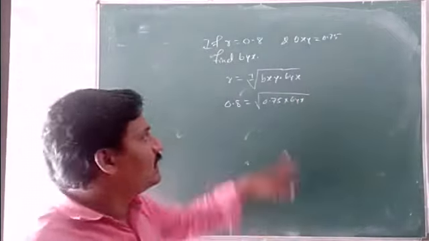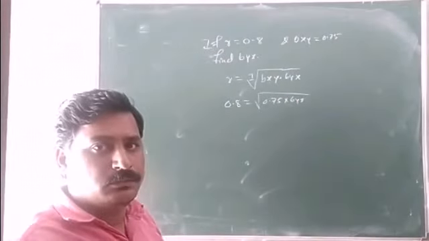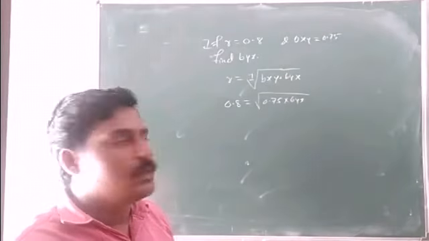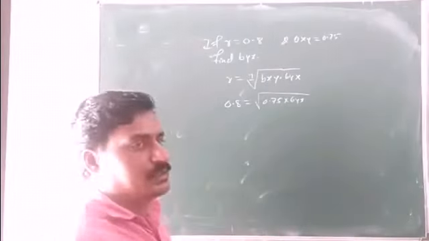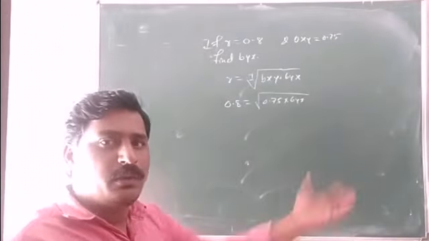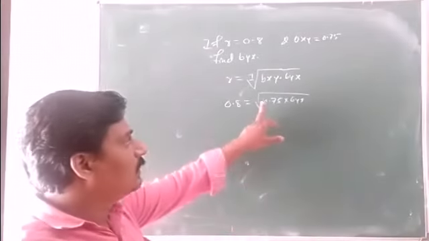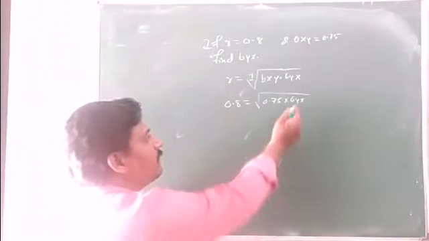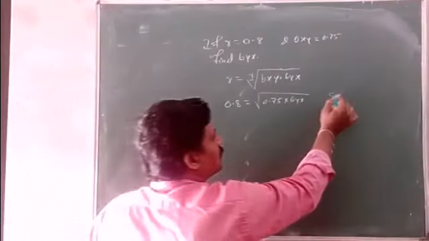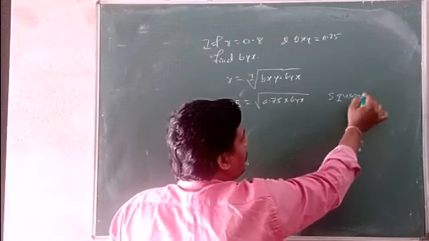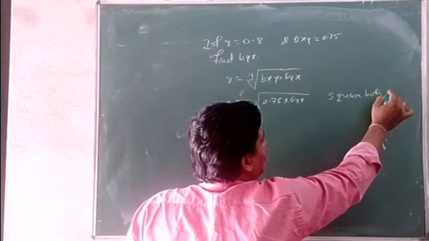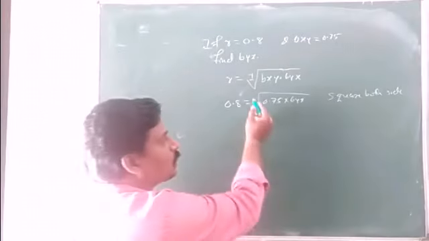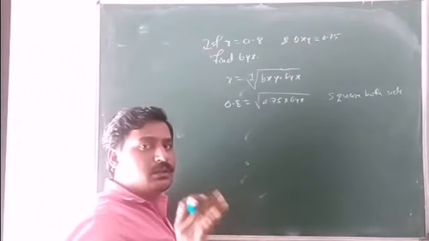So there is a root here. If you open the root, then only we can do something. So square both sides, or else take this root to the opposite side. When we square both sides, the square of the root will go and give the same value again.